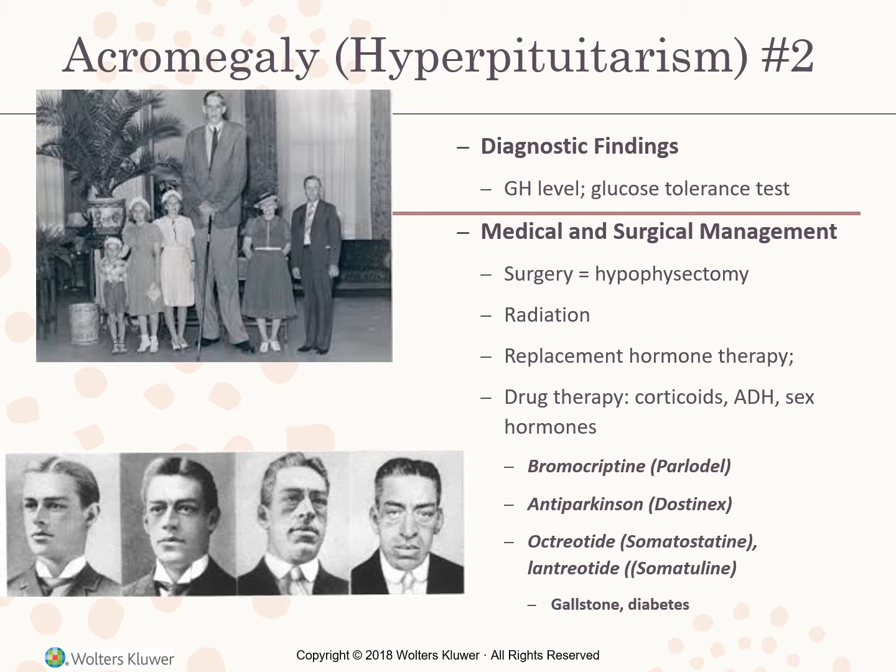So sublabial is under the lip, under the upper lip, and the endonasal is through the nose. The endonasal does reduce surgical trauma and leaves no residual scar and results in a recovery time of 2 days. However, because the pituitary gland is surrounded by the optic nerves and carotid arteries, many physicians who use the endoscopic technique request assistance from a neurosurgeon, an otolaryngologist, a neuro-ophthalmologist, or interventional radiologist.